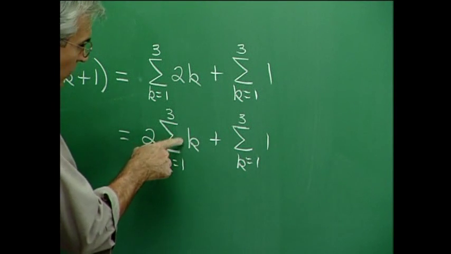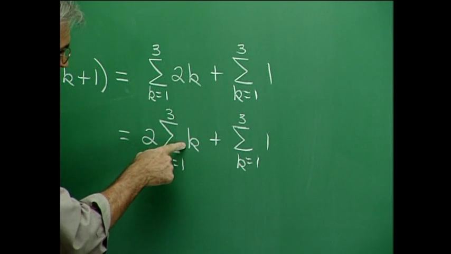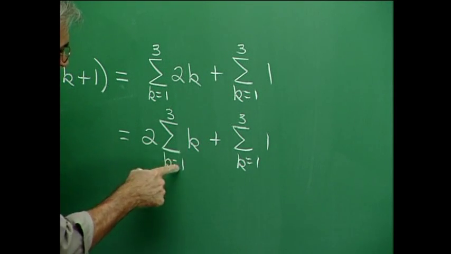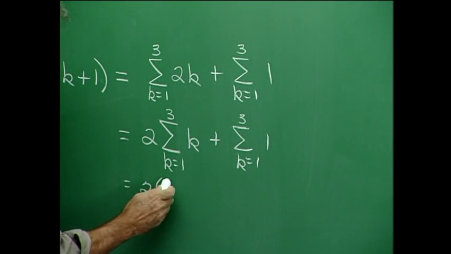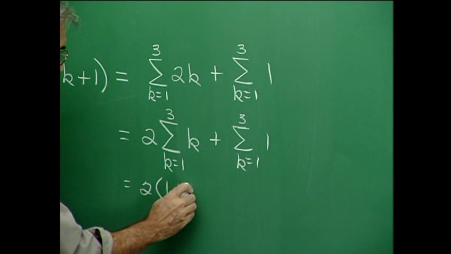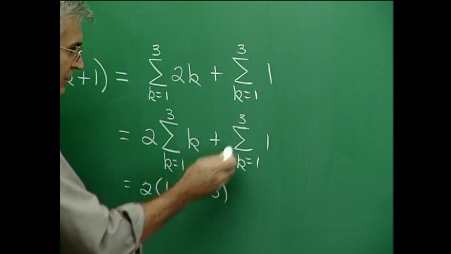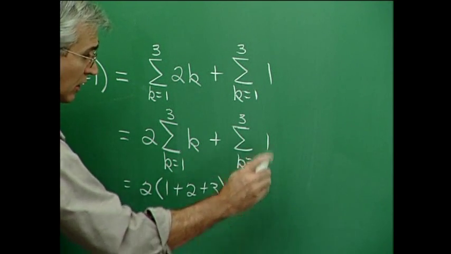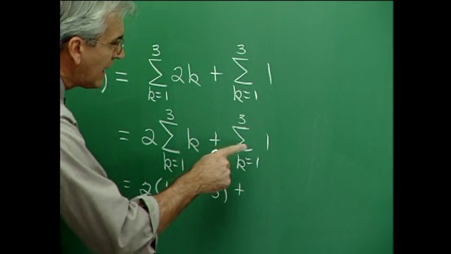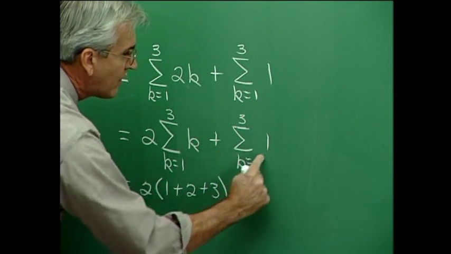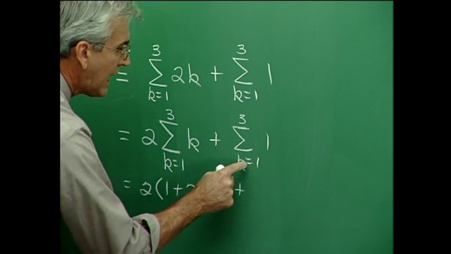Now, we just saw an example of this situation where k takes on the values 1, 2, and 3. So this will be 2 times 1 plus 2 plus 3. And we haven't seen this situation yet. We're going to talk about it a little more over there. But to brief you on this, what is the value of this expression when k is 1?